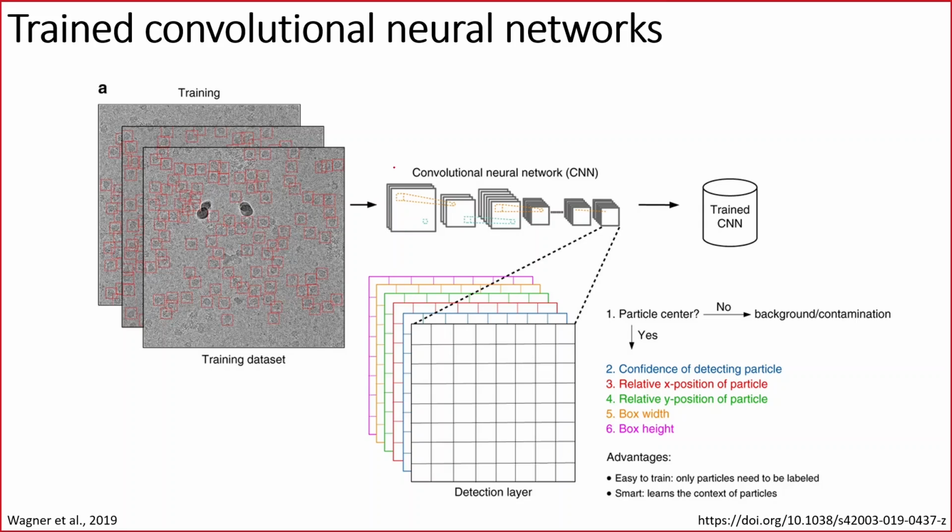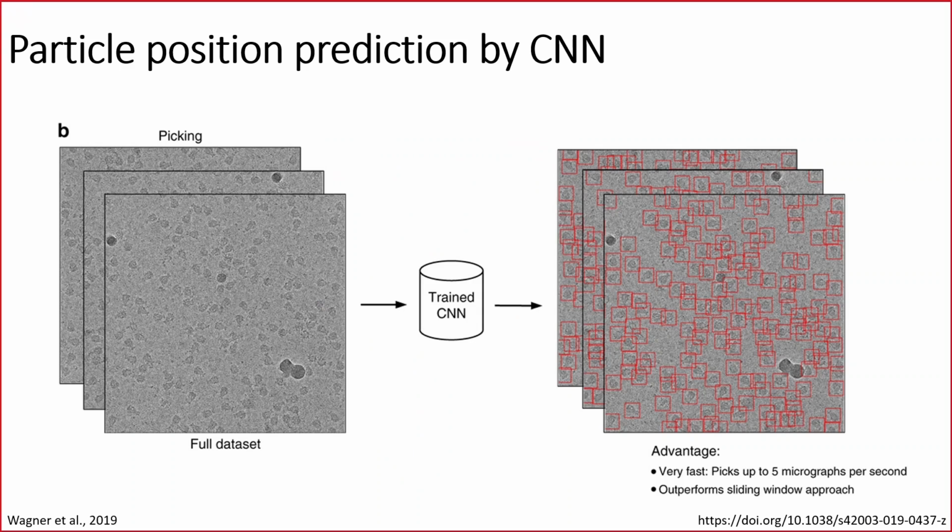Then you train a convolutional neural network and all its hidden layers, and you end up with a trained model. This training process, in this case, takes most of the time, whereas the next step, the particle picking, where you are predicting the particle positions with the convolutional neural network that we trained in the first step, is quite fast. They stated in their paper that it's up to 5 microns per second.